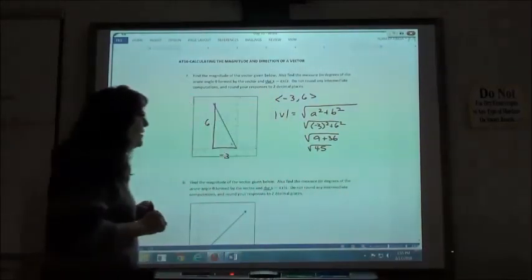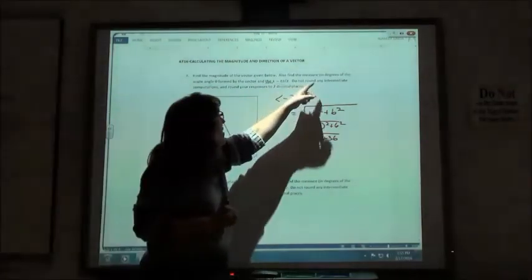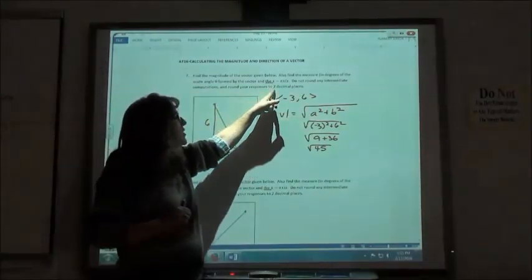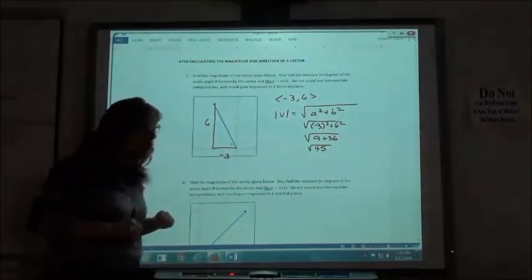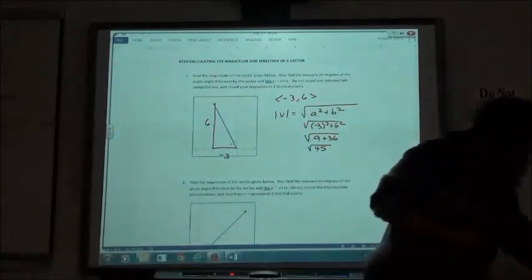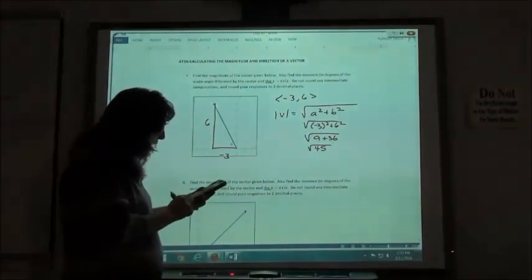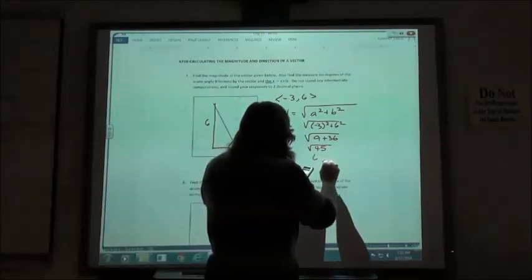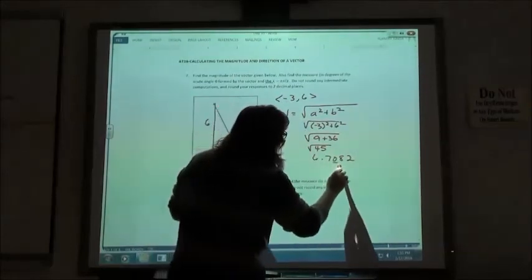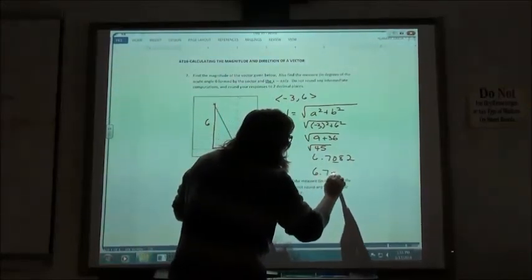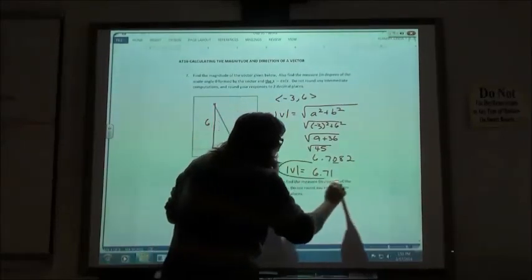Instead of simplifying the square root of 45, up here in our directions, it says round your response to 2 decimal places. So we actually have to calculate what the square root of 45 is. So I'm going to grab my calculator here. Square root of 45 would give me 6.7082. I'm rounding to 2 decimal places, so 6.71 would be what the magnitude of my vector is.